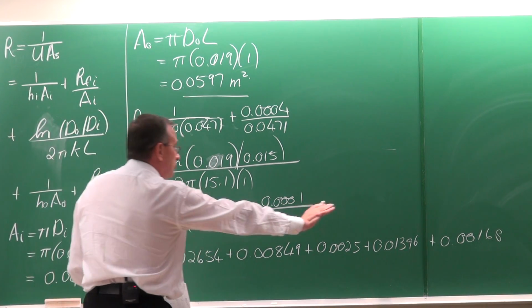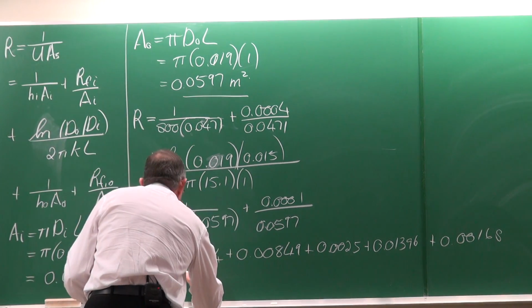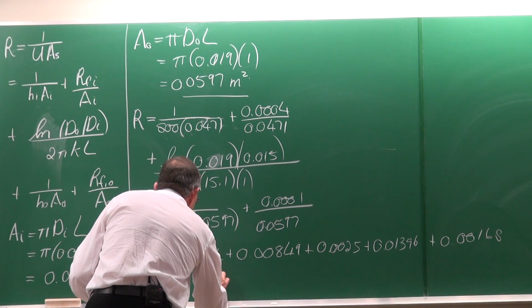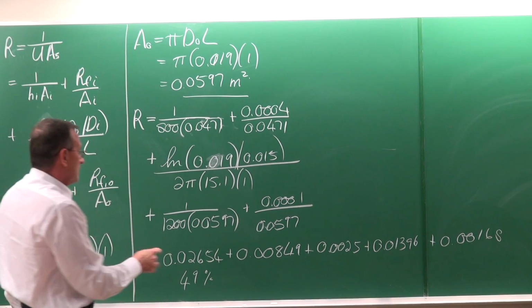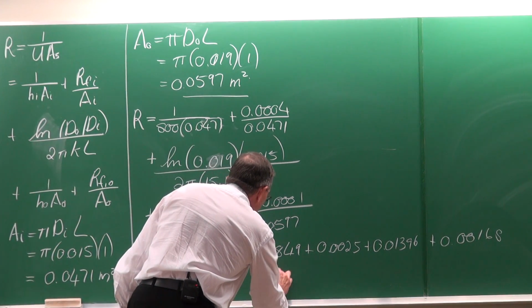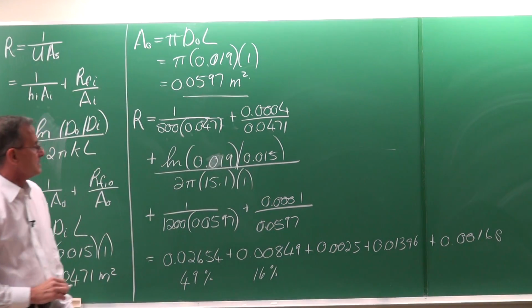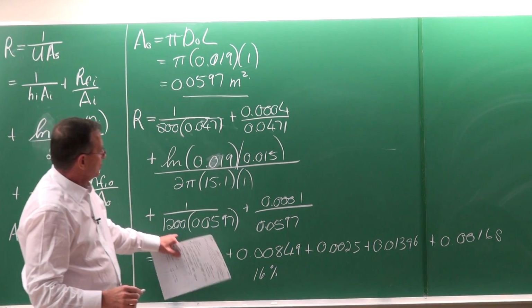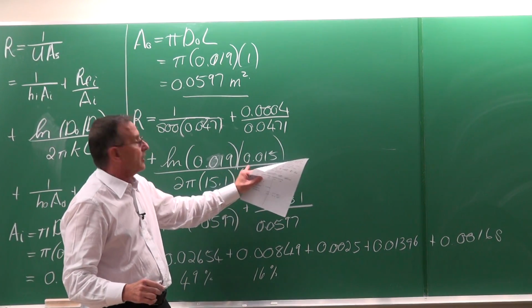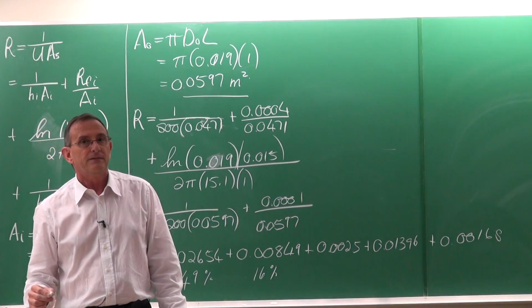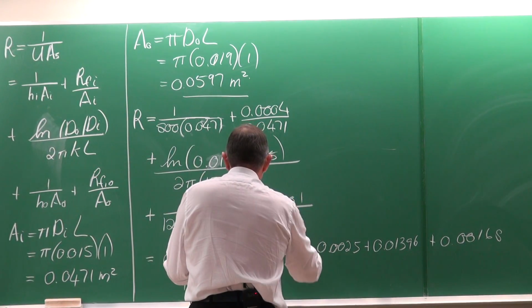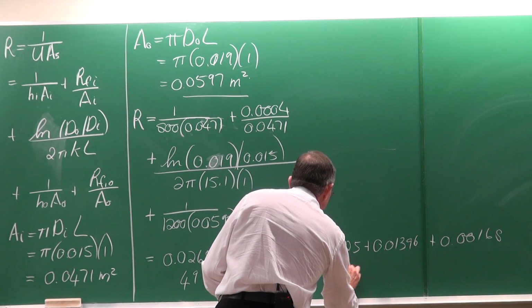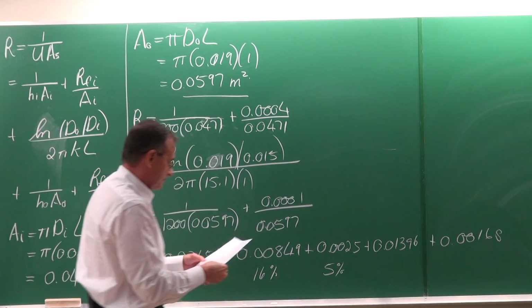Okay, so if we go and look at the total value, then we will see that this component is contributing 49% to the resistance. The fouling is contributing 16% to the resistance. Did somebody check for us the ln of 0.019 divided by 0.015? Okay, so that is very small, but you'll see that that resistance is 5%.